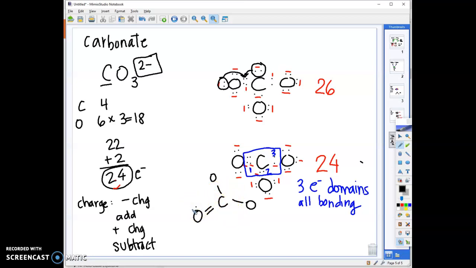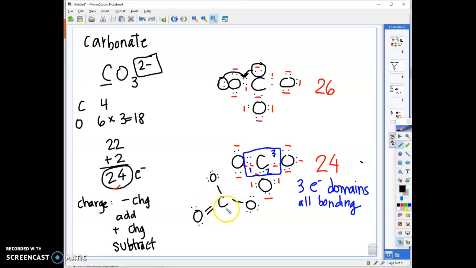I'm going to come back and look at where my electrons need to go. Notice I just kind of flip-flopped this structure. And it really doesn't matter how you do this. They just need to be spaced as evenly apart as you can get them.